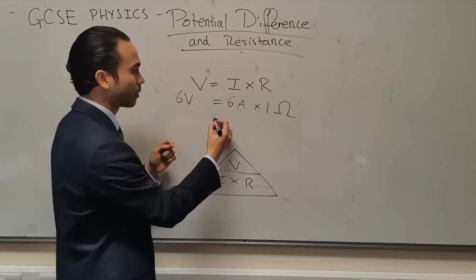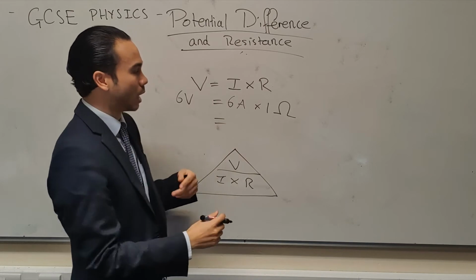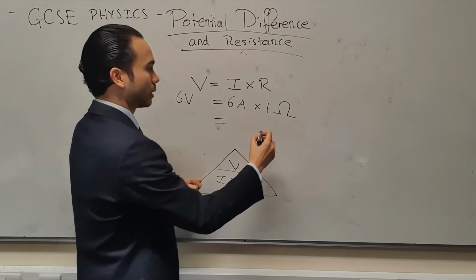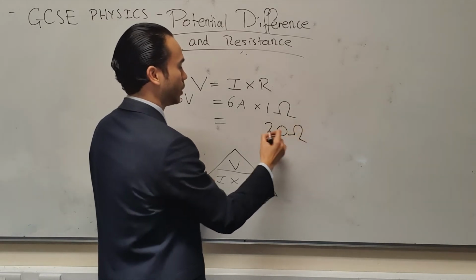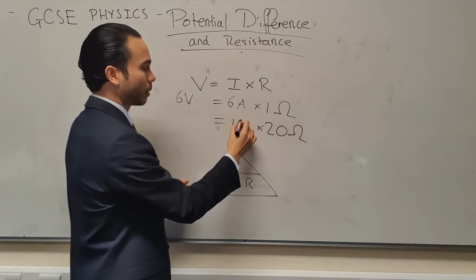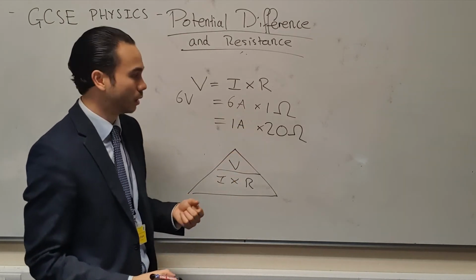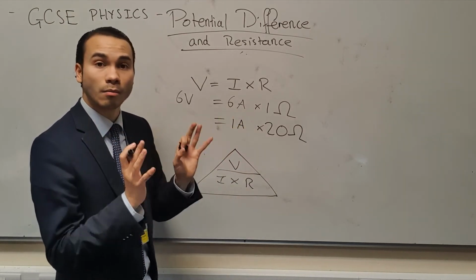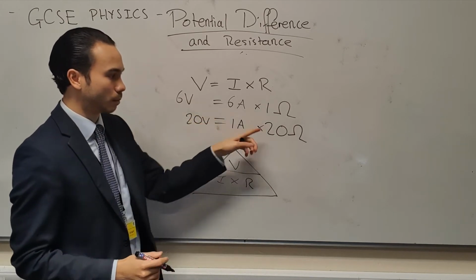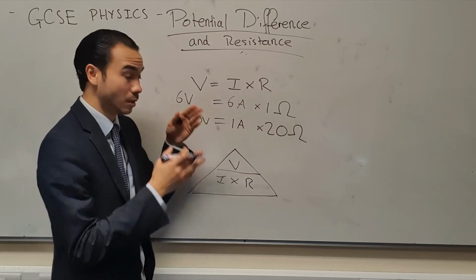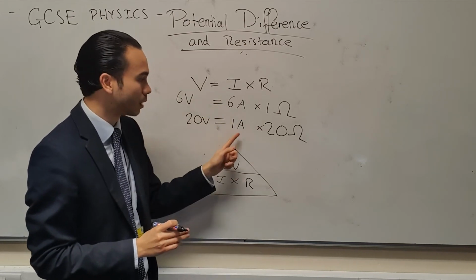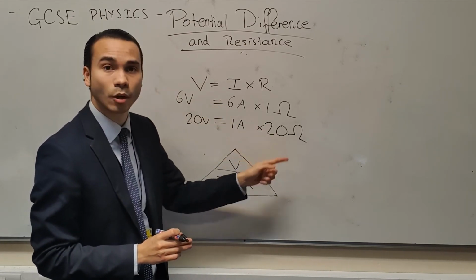If I increase my resistance to, let's say, 20 ohms, but only 1 amp is passing through it, I need a lot more voltage to pass that 1 coulomb per second through a 20 ohm resistor.